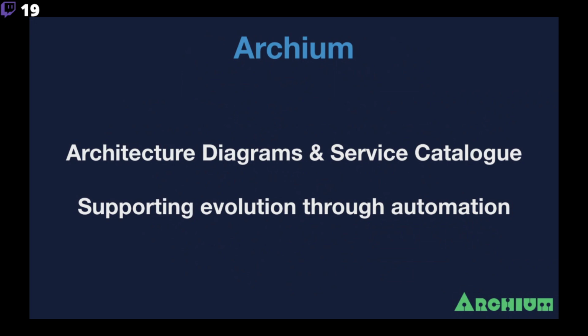So at the moment, Archium is really focused on architecture diagrams and has the beginnings of a service catalog. And the idea is that it's going to be supporting the evolution of a system through automation. So while your system keeps changing, because most of this is automated, you should just be able to upload some new telemetry and everything in Archium about your system will be updated as well.